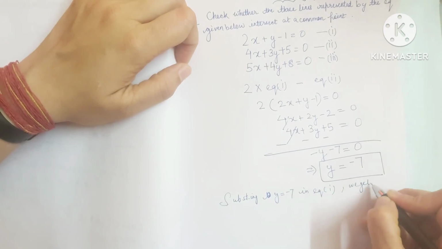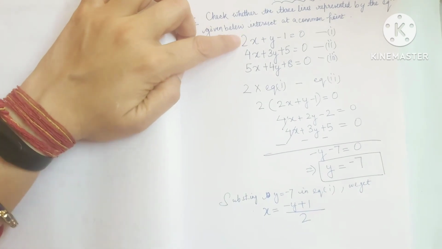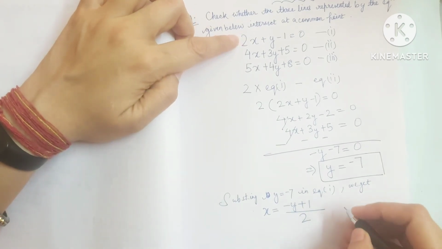We get x equal to minus y plus 1 by 2 from this equation. Minus y plus 1 by 2.